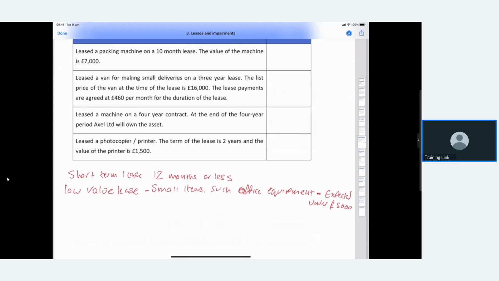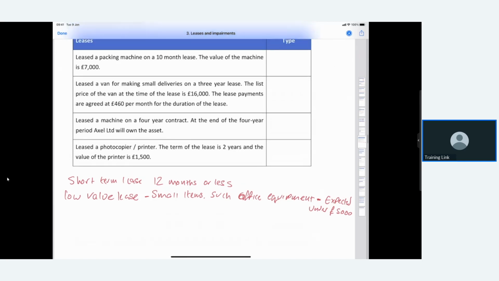And then a lease is just the standard lease, so it doesn't fit in with the other two. So leased a packaging machine on a 10-month lease. The value of the machine is £7,000. So under 12 months, it can be classed as a short-term lease.